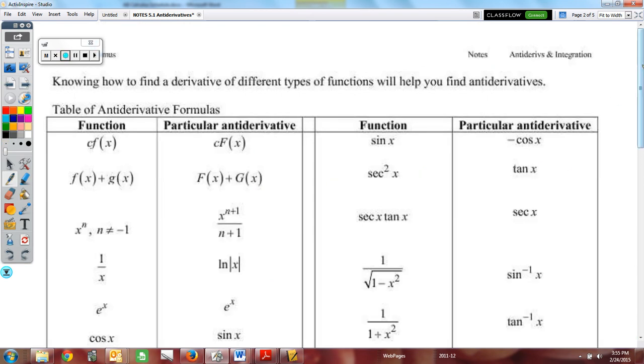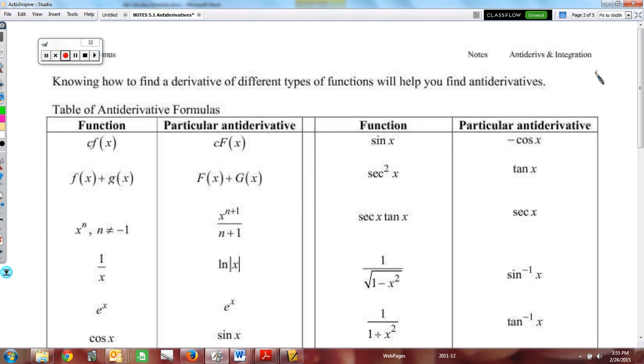Okay? So here's a little summary of the antiderivatives that you basically need to know. If I have a constant times a function, and this is my derivative, then the antiderivative would still be the constant times the antiderivative. Because when you take the derivative of a constant times a function, the constant pulls out, and we have the derivative of f of x, which is your little f of x according to our notation.